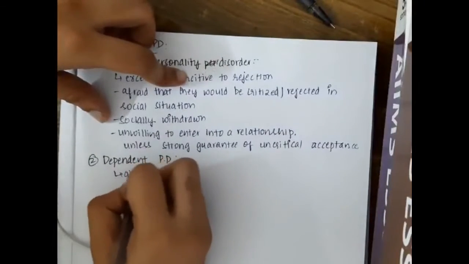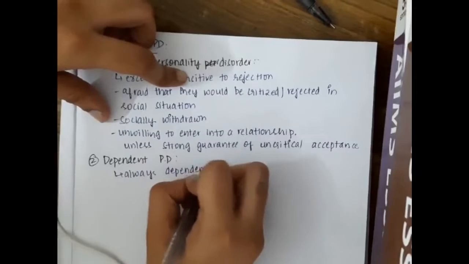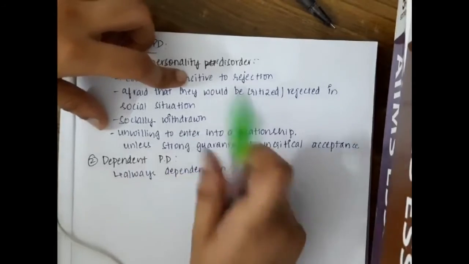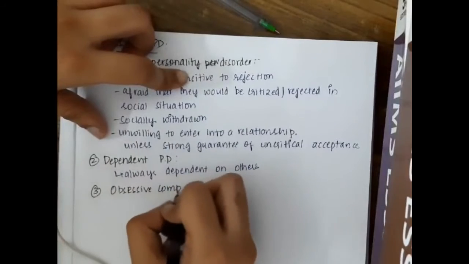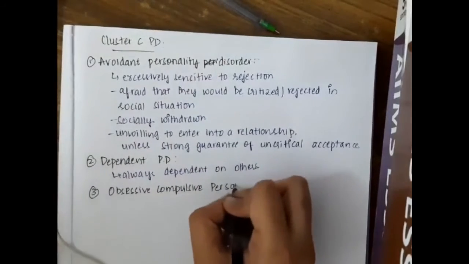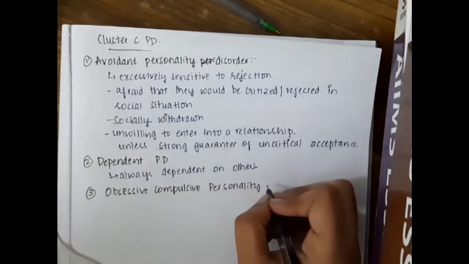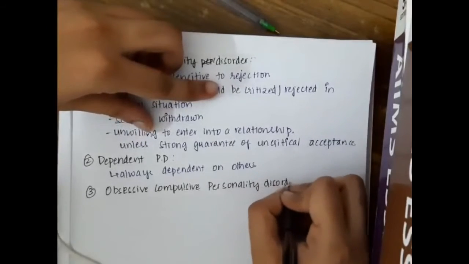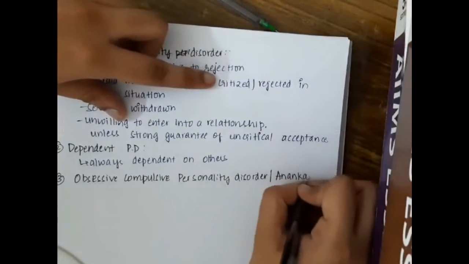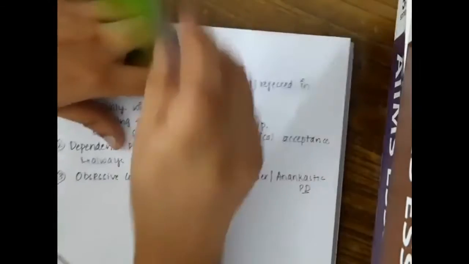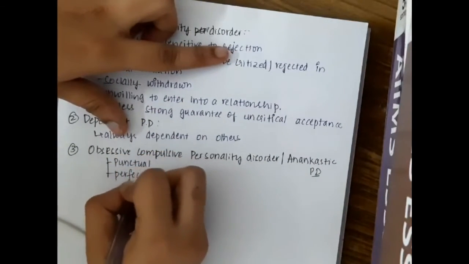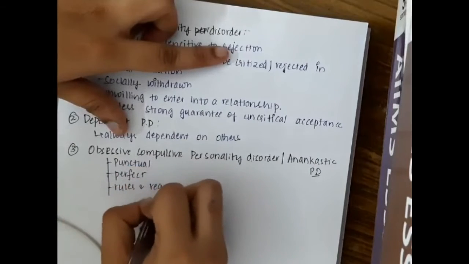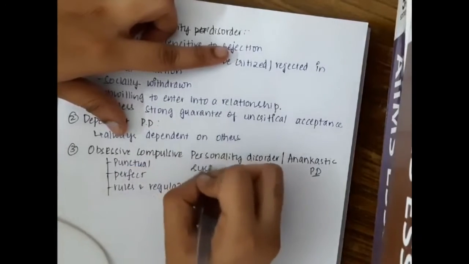Then we have dependent personality disorder. In them, they are always dependent on others, as the name says. Then third, there is obsessive compulsive personality disorder, also called anankastic personality disorder. In this, they are always punctual and perfect. They go by rules and regulations always.